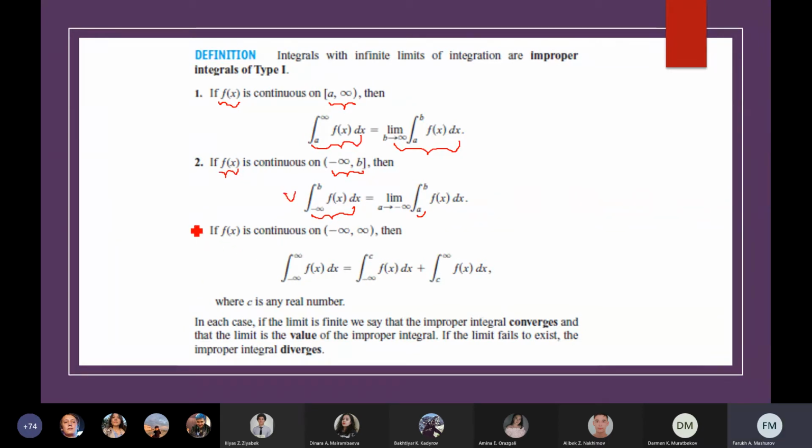And in the third case, as you see here, we have minus infinity and plus infinity.